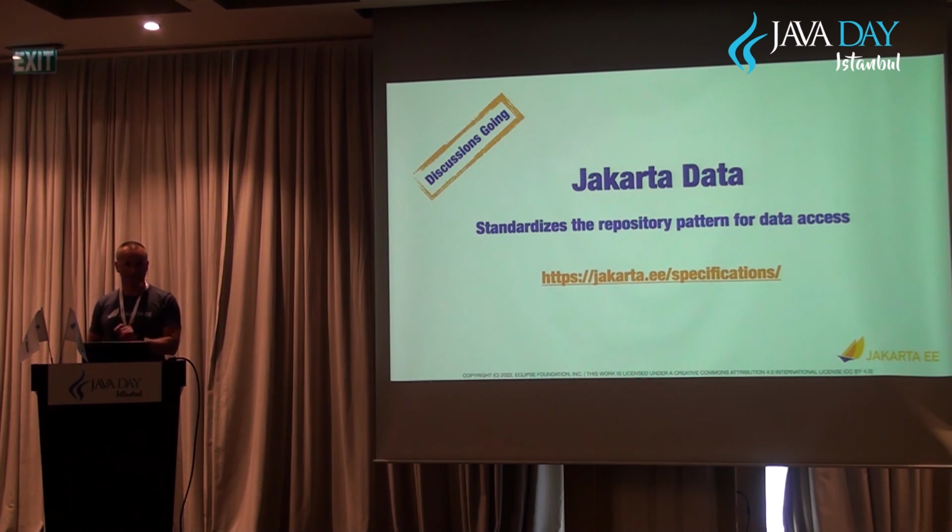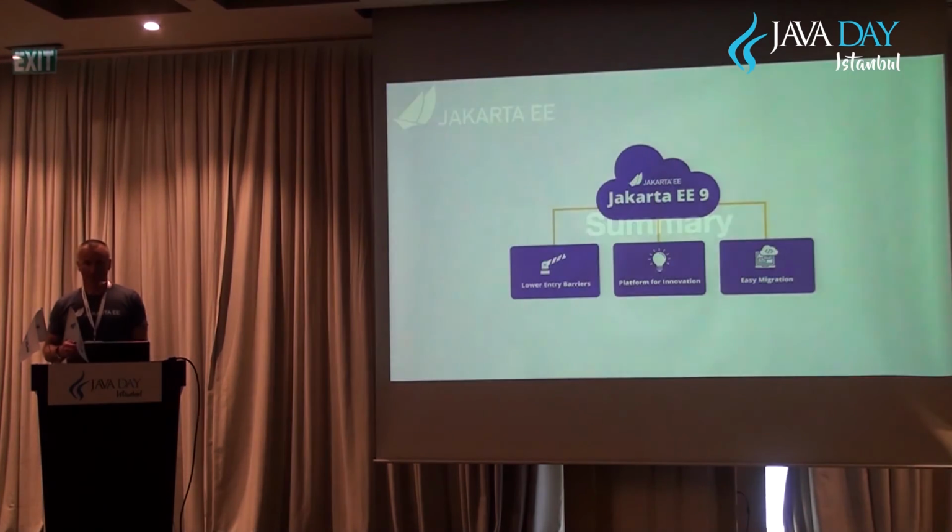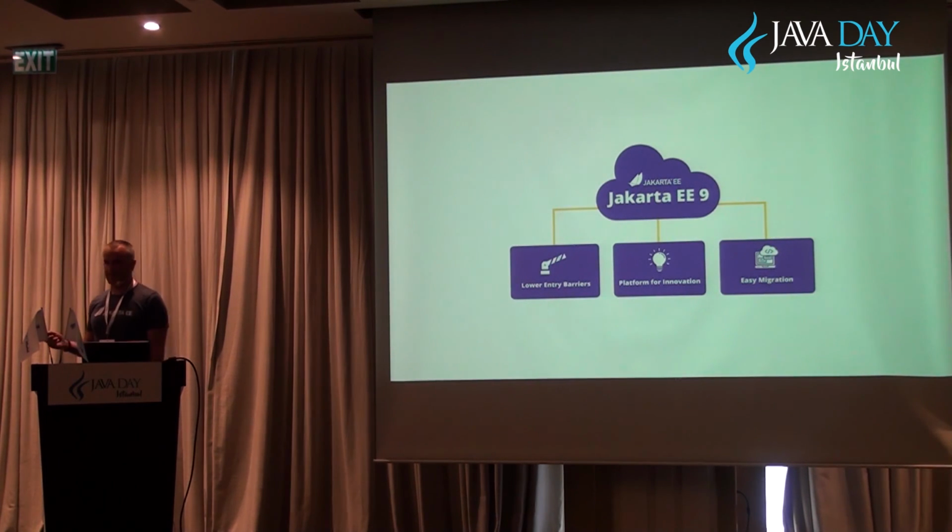So if you're interested in data, think Spring Data or DeltaSpike Data. Join this discussion and voice your opinion that this is a good thing, and then we will get Jakarta Data into 11 as well.